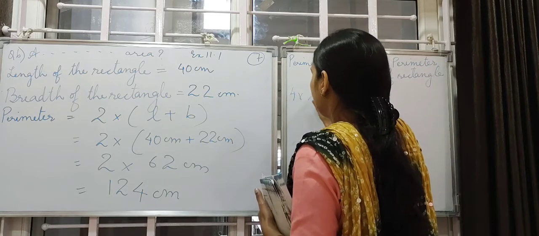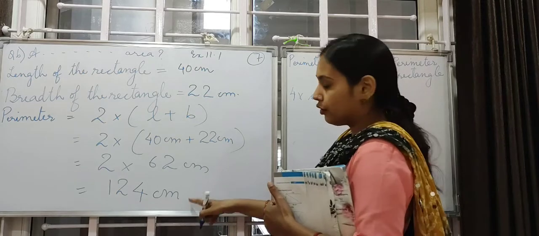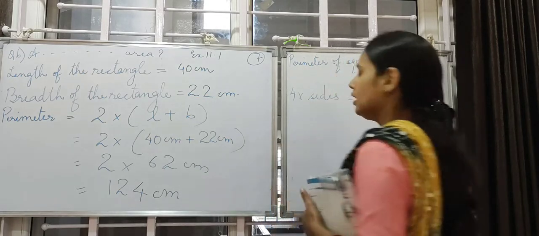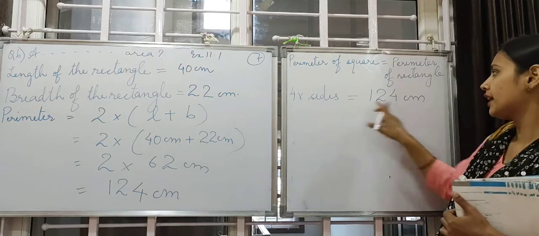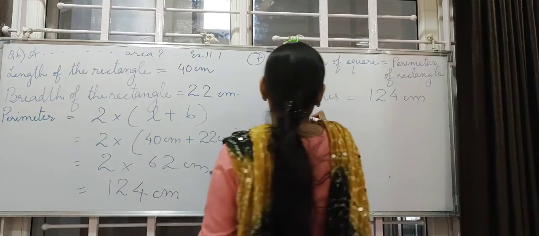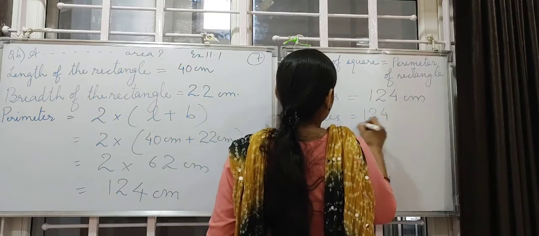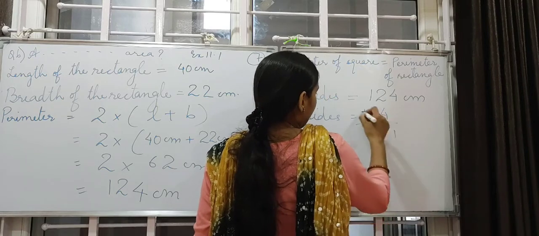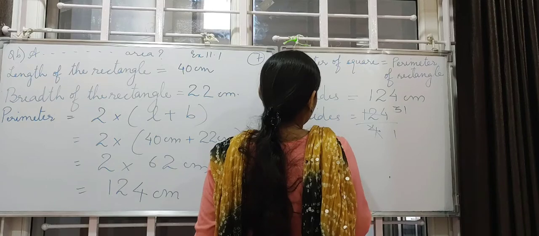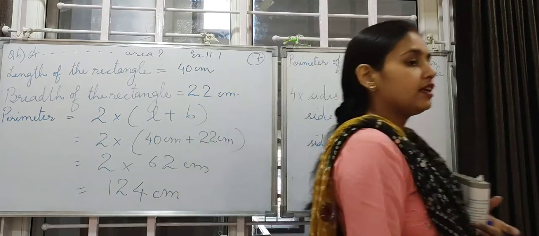That means 4 into sides is equal to 124 centimeters. Now from here we will get the value of sides. This 4 comes to the RHS. It's in multiplication, it becomes division. So 4 gets cancelled. 4 3s are 12, 4 1s are 4. So each side is 31 centimeters.